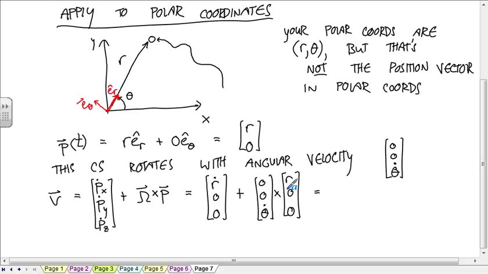And this cross product is r theta dot in the y direction. So you get (r dot, r theta dot, 0). That z component isn't something that we talk about. It's not something you talk about in polite company.